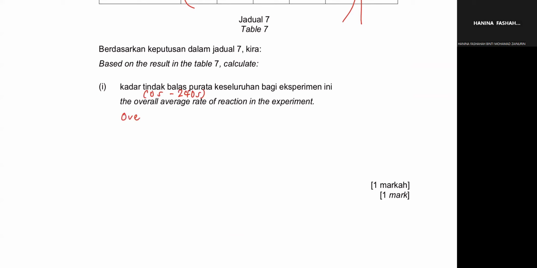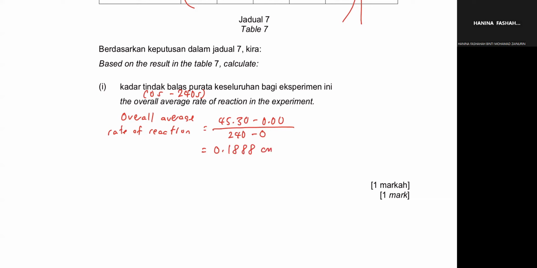So the overall average rate of reaction equals 45.30 minus 0.0. If you don't write minus 0.0, it is also in my mind. Here in case I just show you the whole thing. 240 minus 0. I think you will get 0.1888 cm3 per second.